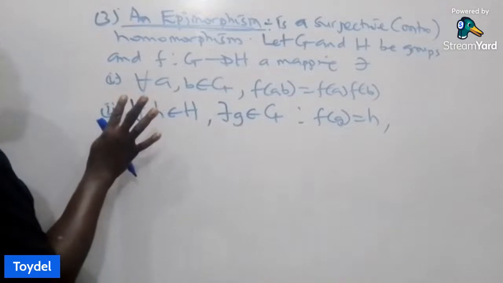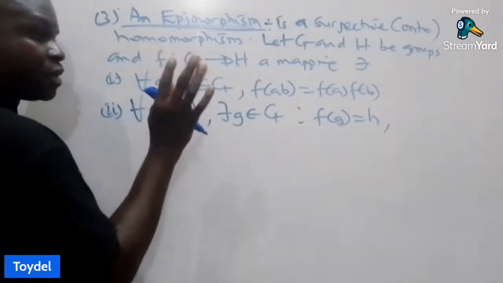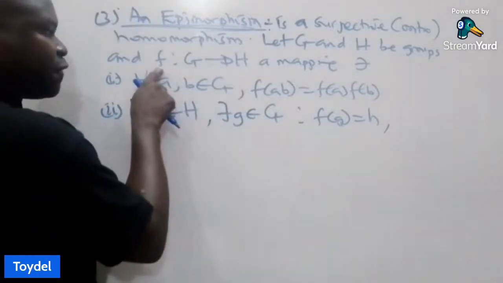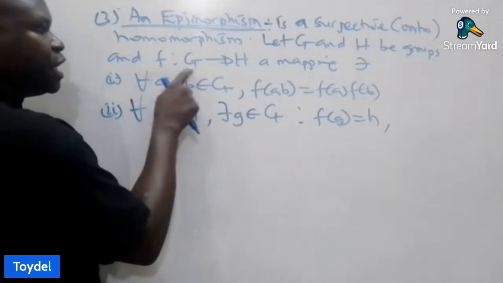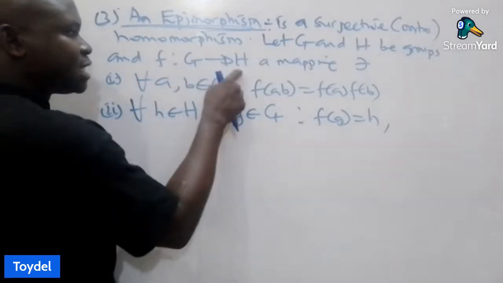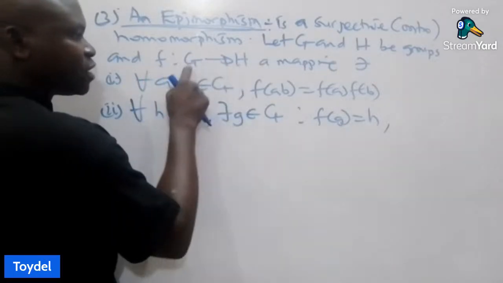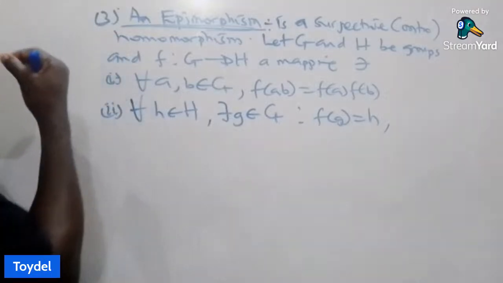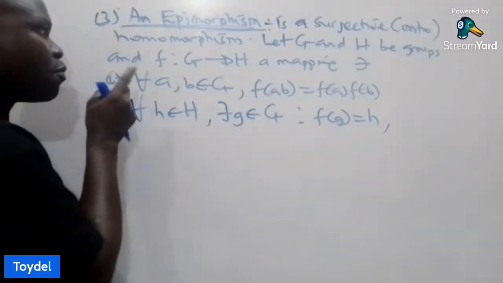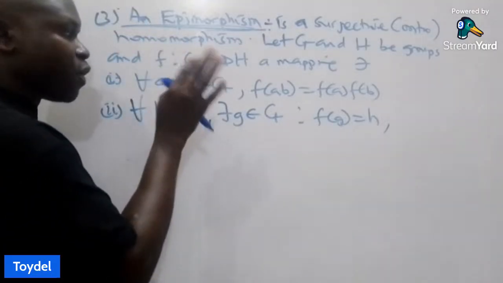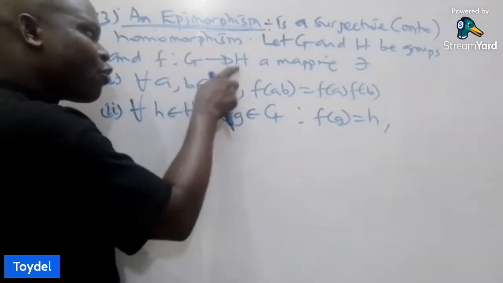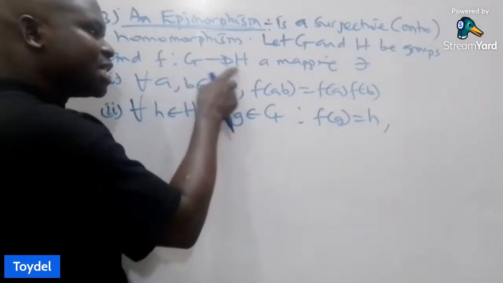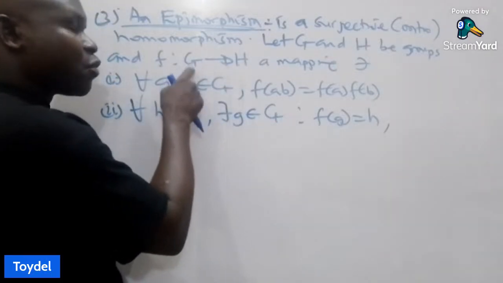The only difference here is that under surjective mapping, when you check my video on mapping, these are ordinary sets, no preservation, ordinary sets without binary operation. But under monomorphism, epimorphism and the rest, G and H are groups. They are not ordinary sets, they are groups, because there are some conditions they satisfy.